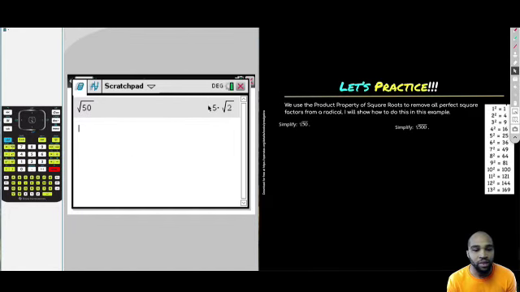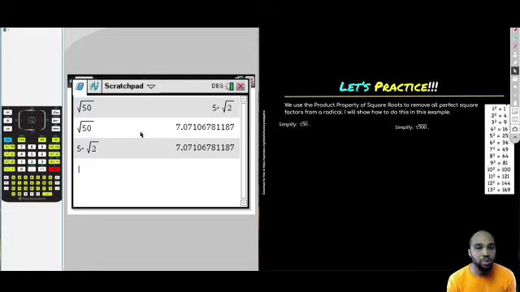And you see that it's the same thing as 5 square root of 2. Matter of fact, if I were to get the decimal form of it, it's going to be 7.07. It would be the same thing if I said 5 times the square root of 2 and wanted that in decimal form. And now I just proved it to you: the square root of 50 and 5 square root of 2 are exactly the same thing.